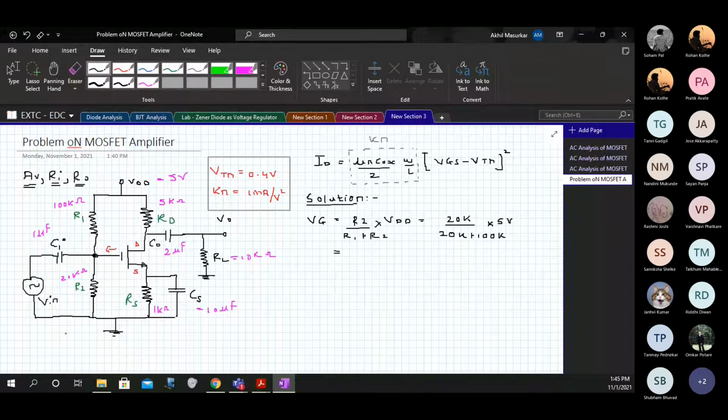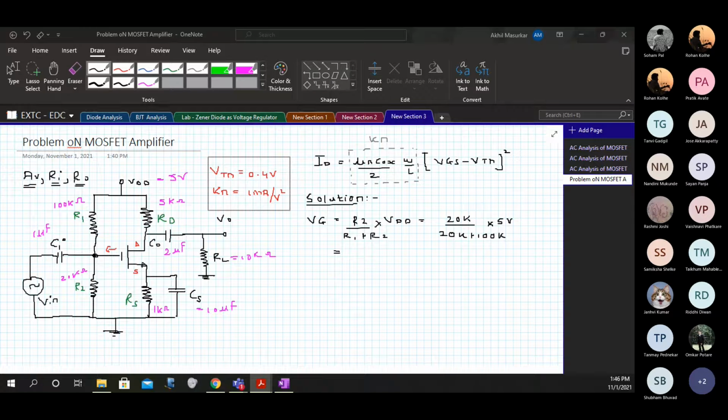Come on, tell me the value quickly. Calculate karo. This is 1 by 120. Soham, that value is correct. Can somebody else also confirm this value, please?